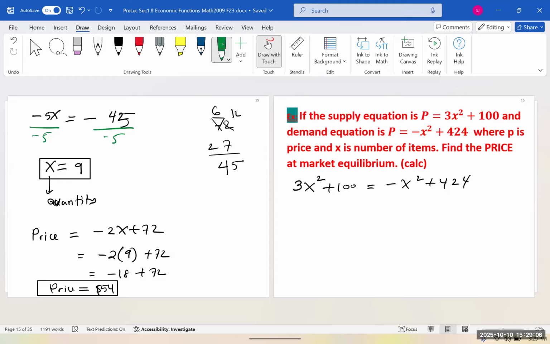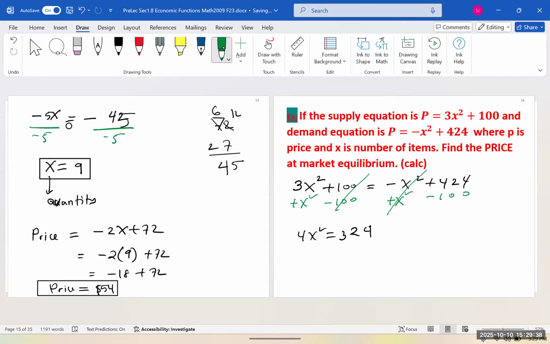First, subtract 100. Subtract 100. Anything else you want to do? Add x squared. Good. So you have 4x squared equals 324.